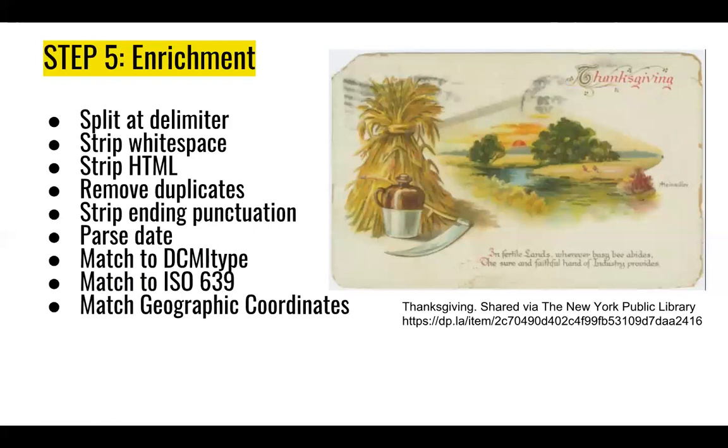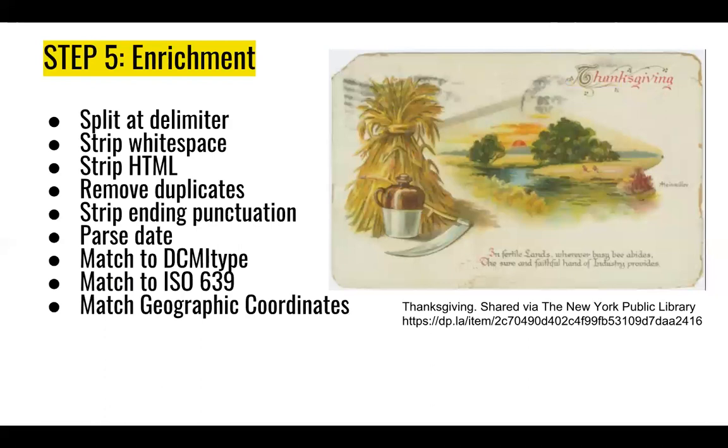We really only have three or four enrichments, and they're constantly being tweaked and hopefully improved. They are for date, to create a begin and end date based on a single date or a date range, DCMI type, language, and geographic coordinates.